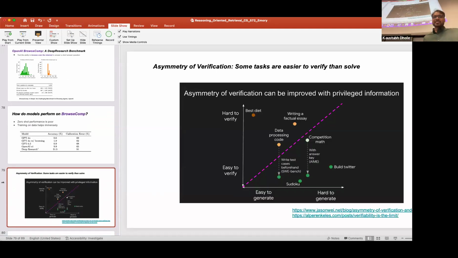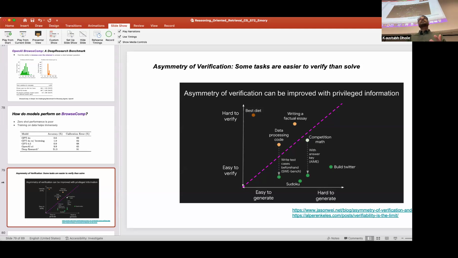One other interesting thing I'd like to quickly mention is the asymmetry of verification. If you decide to create a dataset or a benchmark, or write a paper on it, in today's day you also need to think about whether these tasks would be automated completely by the latest reasoning models. One strategy people often employ is this asymmetry of verification, wherein you just need to ensure that your answer is correct.